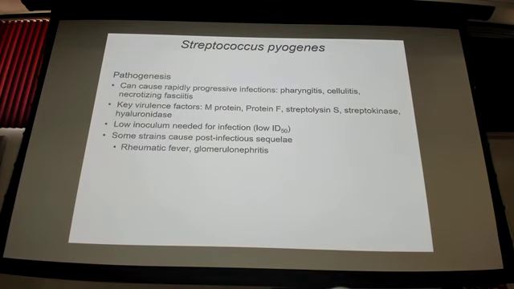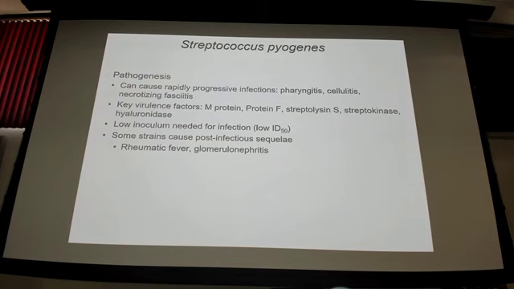In terms of pathogenesis, we have a couple of major diseases that we'll talk about. Depends on the type of species, but this is an introduction. Some of the important ones are pharyngitis, which is what? Sore throat, yeah. Cellulitis we talked about, that's a deeper soft tissue infection, deeper layers of the skin. And then necrotizing fasciitis, mentioned a little bit, but we'll talk more about that.